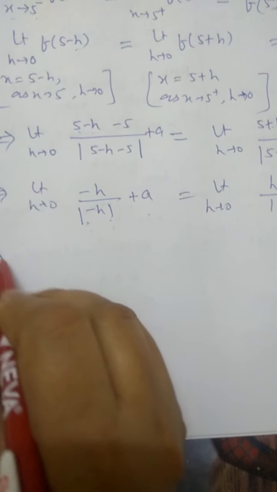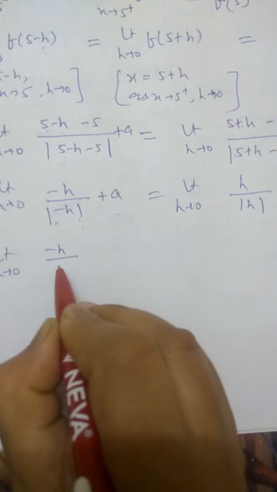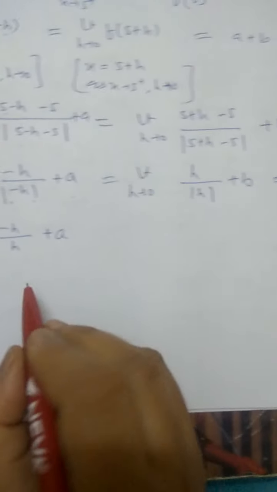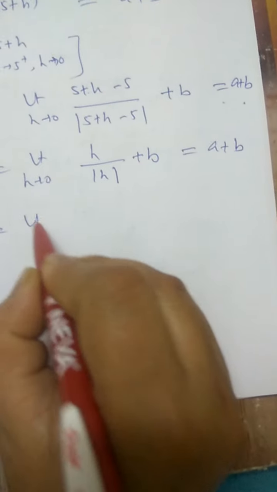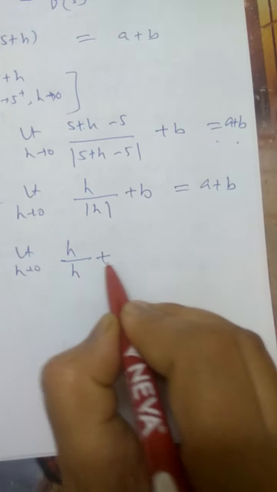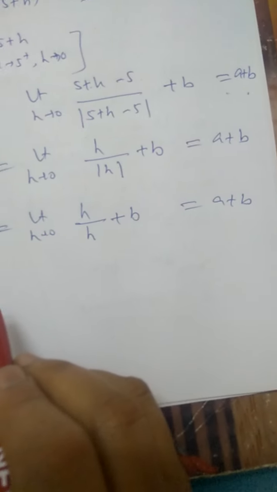You will write only h, because in modulus function negative term is positive, plus a, and limit h tends to 0, we get h upon h plus b is equal to a plus b.